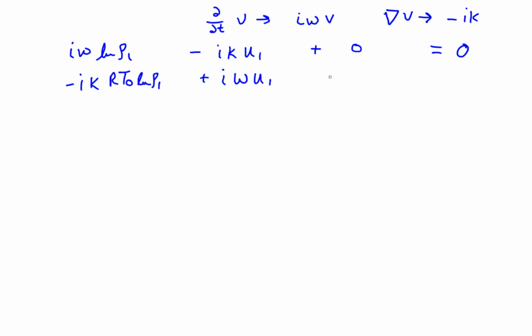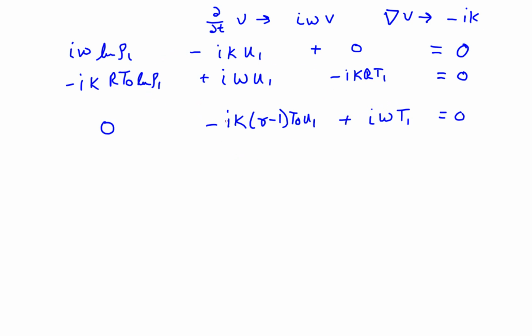Our gradient is minus i k R T1 equals 0. All right, our last equation, our temperature equation, has no dependence on log rho 1. It has a minus i k (gamma minus 1) T0 dependence on u1, and it has an i omega dependence on the temperature, i omega T1, from our time derivative term.